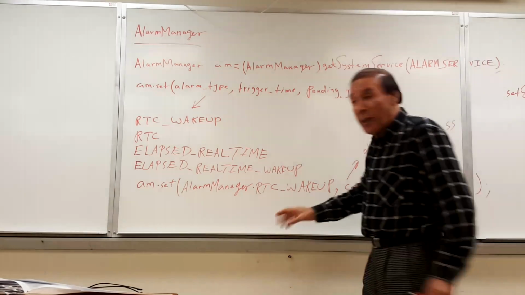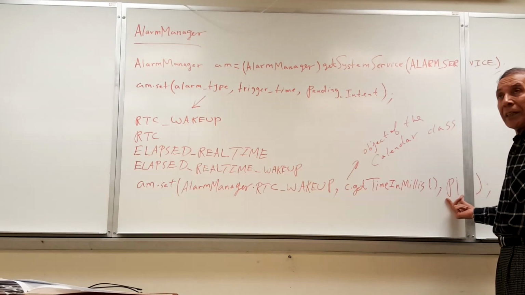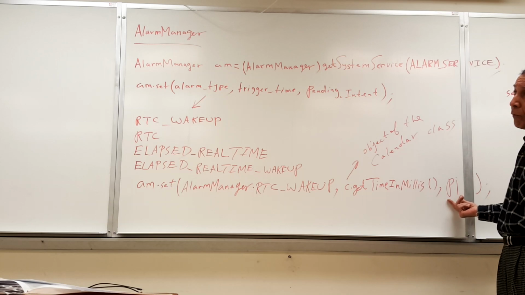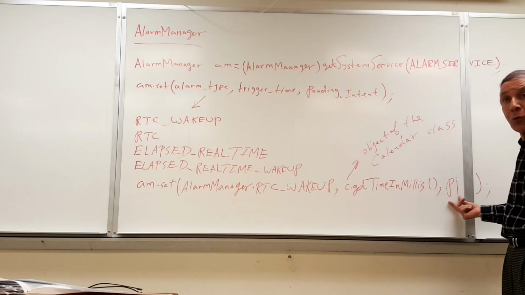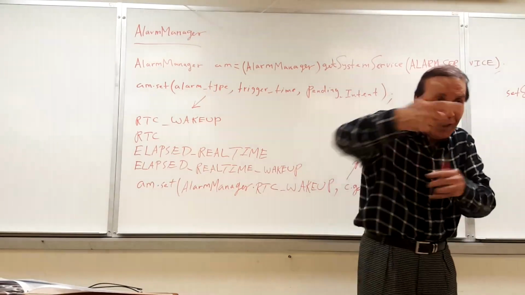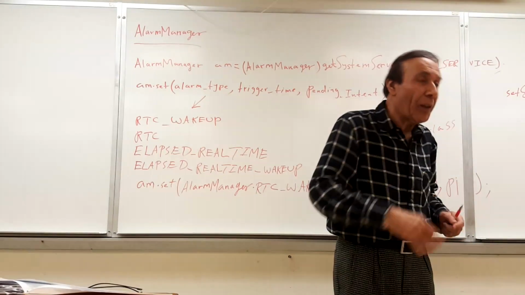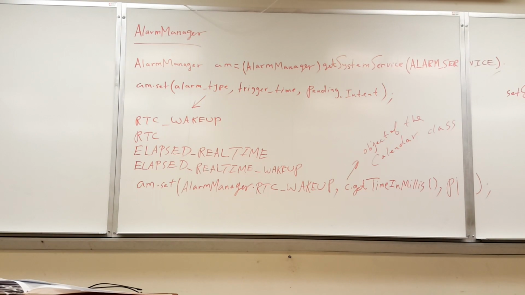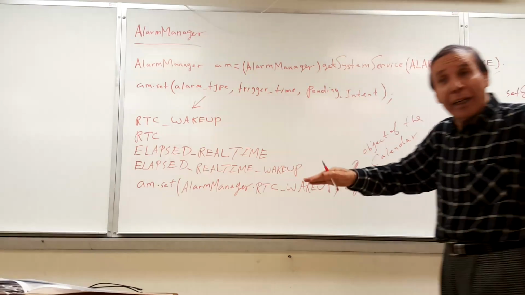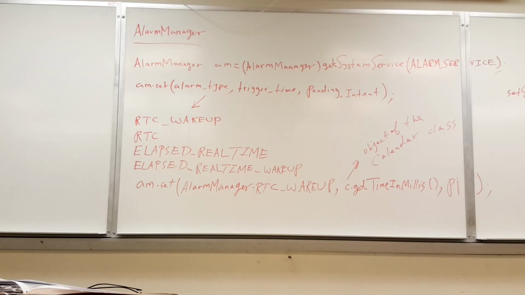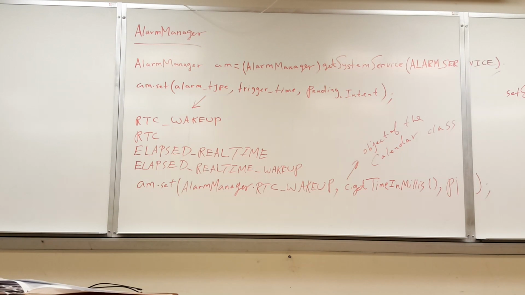One of them I say should start at 2 in the morning, the other 2 seconds after 2, the other 5 seconds after 2, the other 10 seconds after 2, and so forth. Many of them, the same pending intent but at different times, one after each other. In this case, the latest one will be used, the other pending intents will be automatically cancelled. Only one of them will wait for starting.